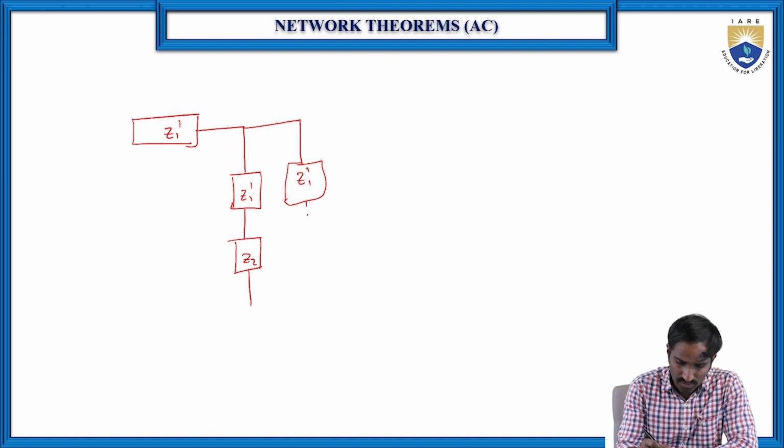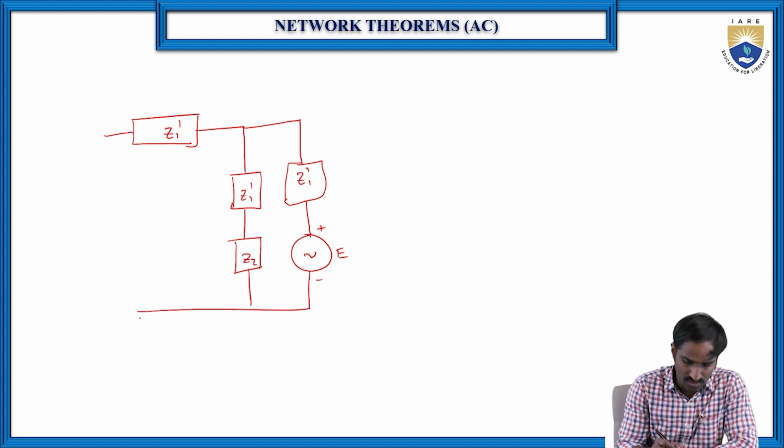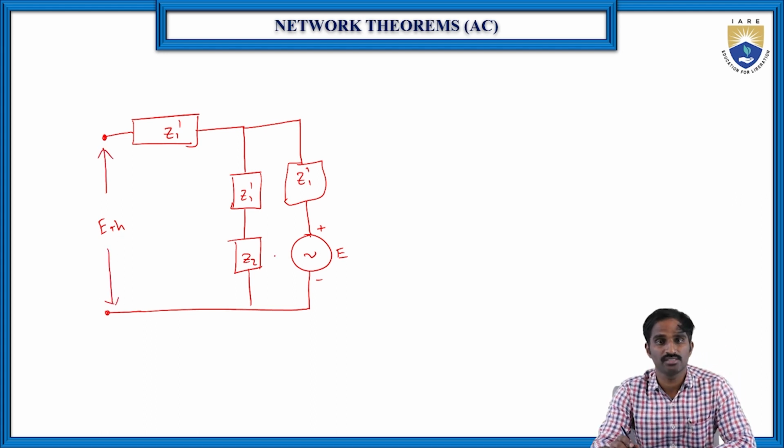Here it is plus minus, and this is E, of course AC anyway. So this is the simplified circuit for the E Thevenin. Now we need to find the E Thevenin across these two terminals for this particular circuit.